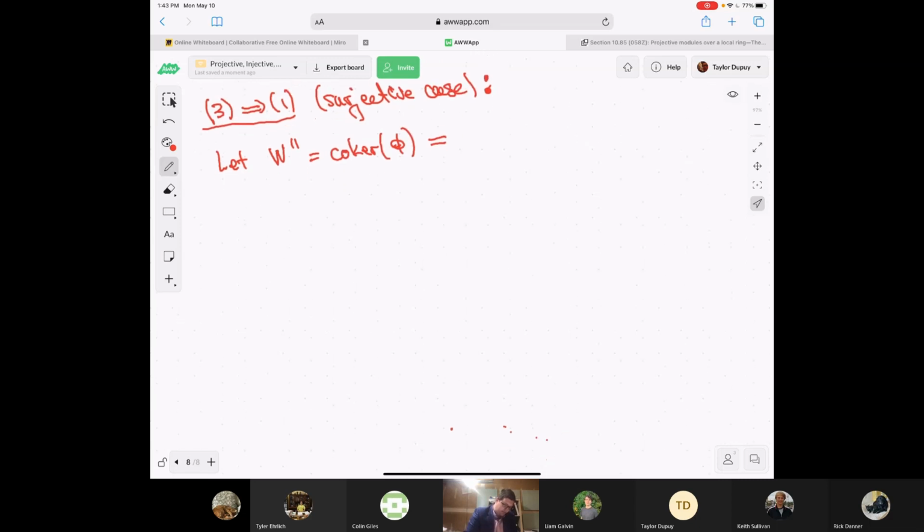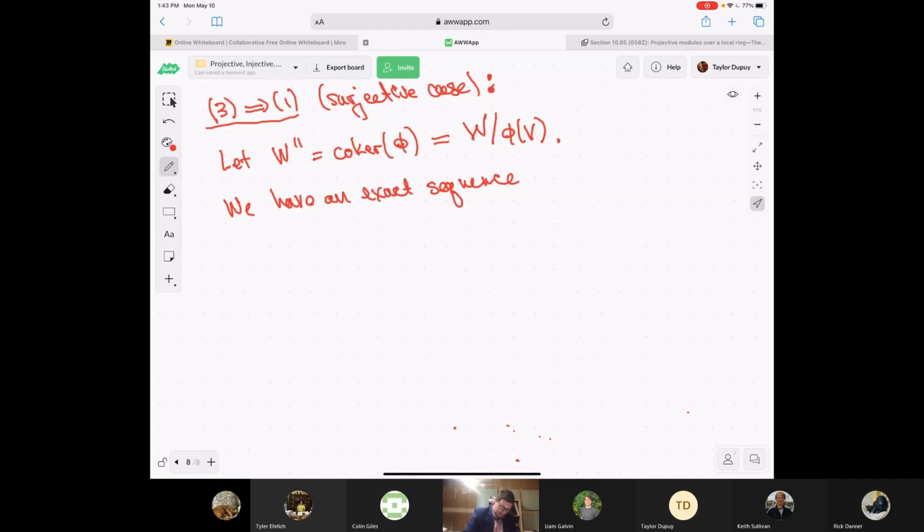The co-kernel is the quotient, W modulo phi of V. Okay, so we have an exact sequence.